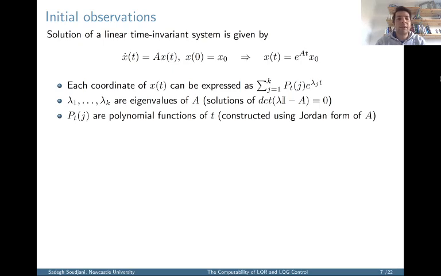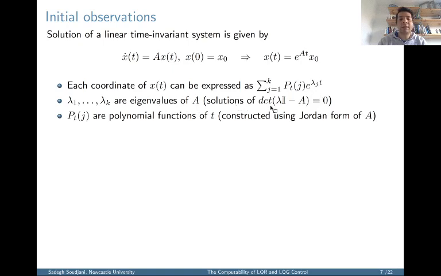This closed form representation means that we can represent each coordinate of the trajectory as a summation of exponential functions multiplied by polynomial functions of time. So these exponential functions are constructed based on the eigenvalues of the A matrix.